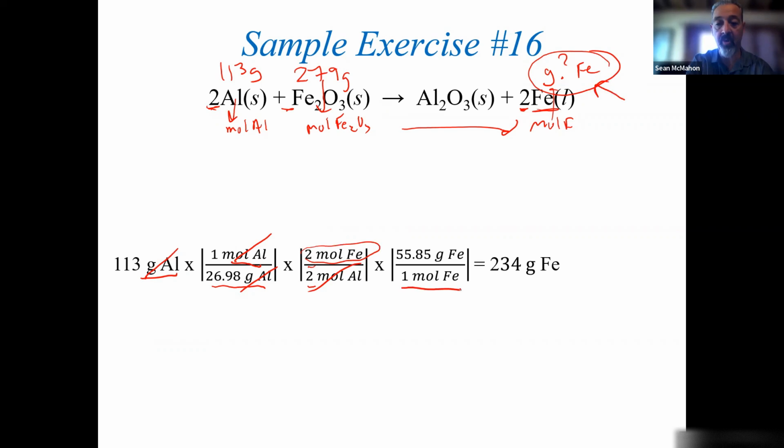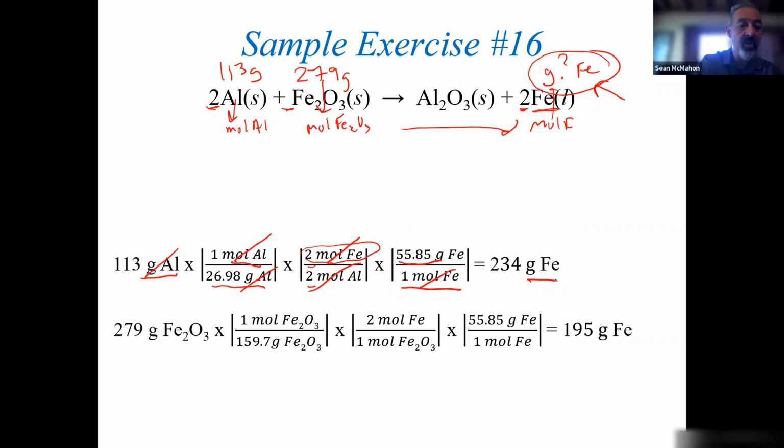So in 1 mole of iron, there's 55.85 grams of iron. So now the unit of moles of iron are canceled. I'm left with grams of iron. But I'm not done, because they gave me both reactants. This is a double stoich, so I can't put this as my final answer because I don't know if it's the theoretical yield or not, because I have to do both and see which one's less.